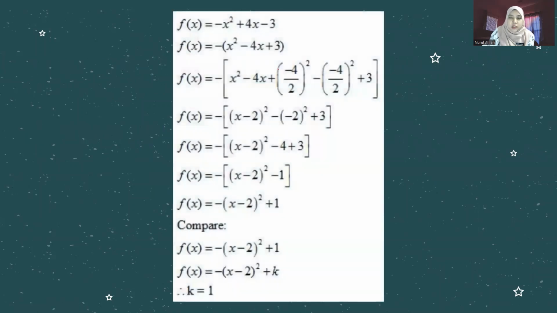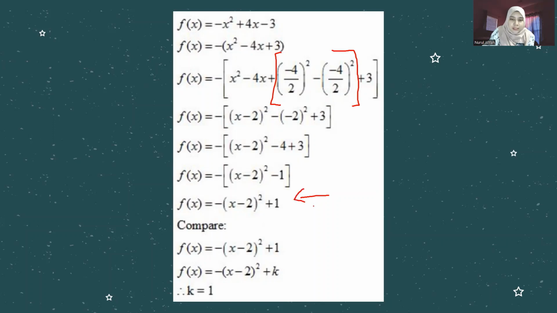Okay, this is the solution. This solution is using completing the square, where in this part, you can refer to the completing the square formula. Then after completing the square, you got the answer.